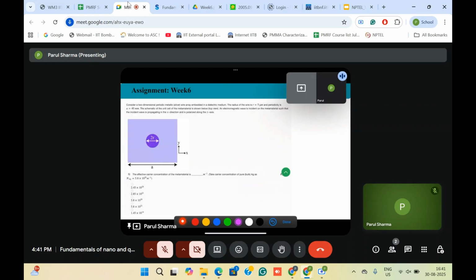The next question is: consider a two-dimensional periodic metallic wire array embedded in a dielectric cable. The radius of the wire is r equal to 5 micrometer and the periodicity is a equal to 40 micrometer. The schematic of the unit cell of the metamaterial is shown in the figure. An electromagnetic wave is incident on the material such that the incident wave is propagating in the x direction and polarized along the z axis.